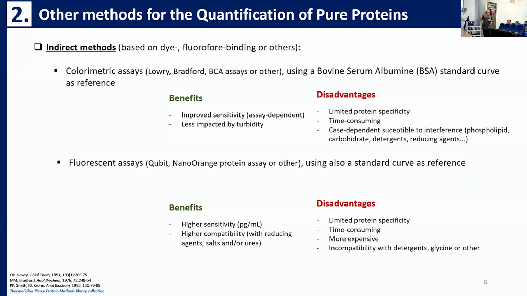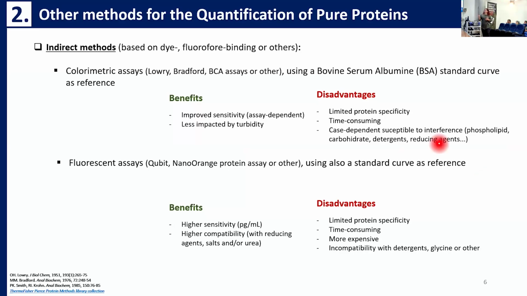And also, in most cases, there is some interference related to the presence of lipids or detergents or reducing agents that can impact the colorimetric assay and give overestimated results.